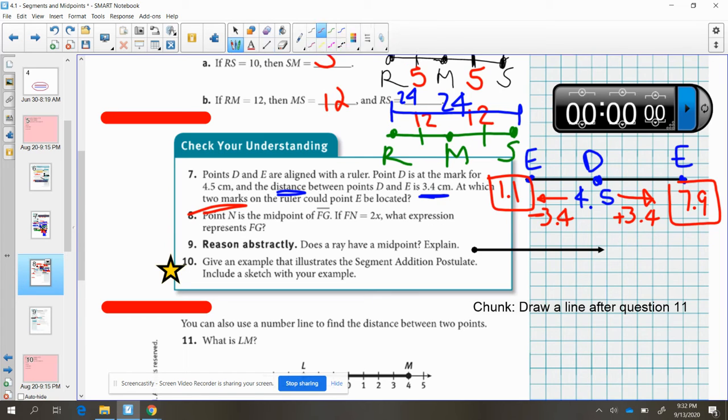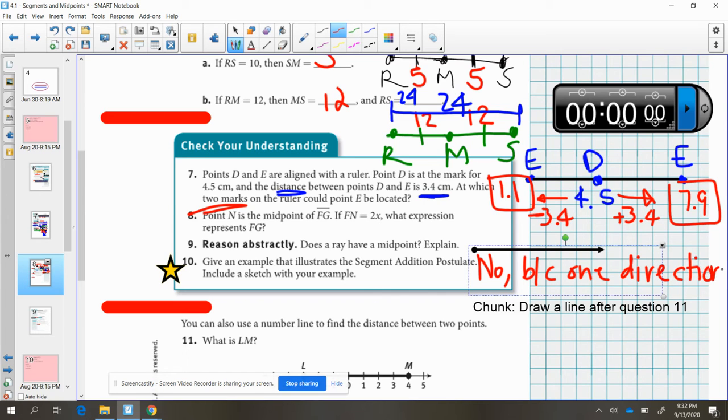The answer is no, because one direction of the ray goes to infinity, and there is no such thing as dividing infinity in half. So only line segments are going to have a midpoint.